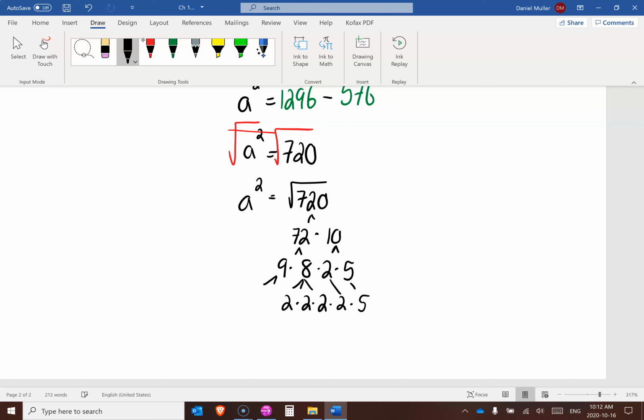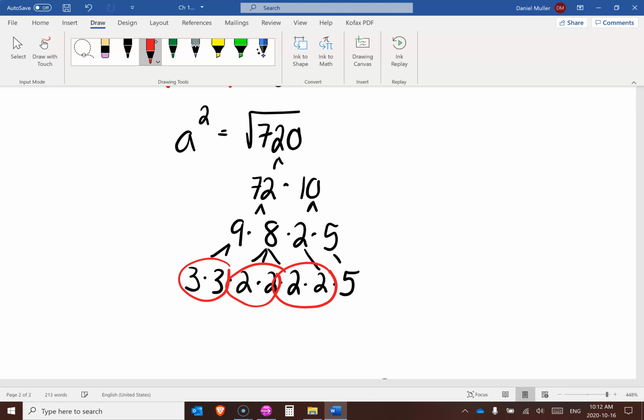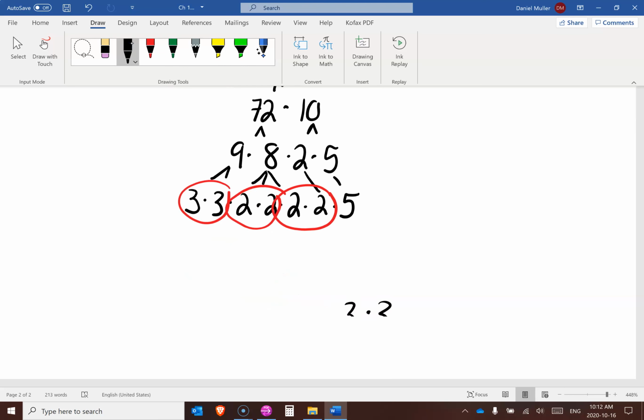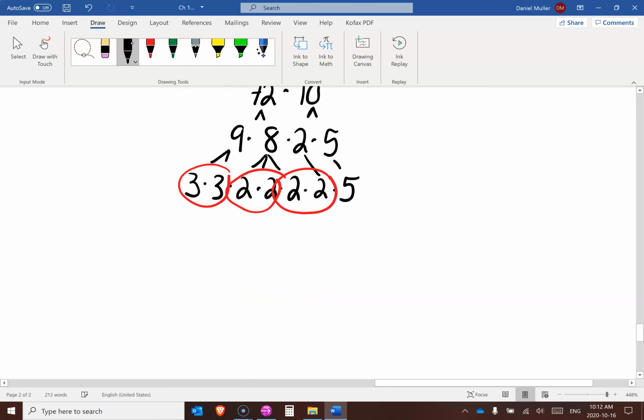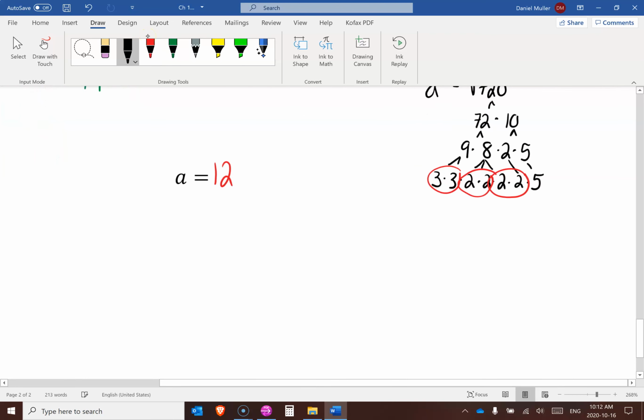And 9 breaks up to 3 and 3. Now, what do I have for pairs here? Pair of 3s, pair of 2s. I want another pair of 2s. Okay. So 3 times 2 times 2. Well, 2 times 2 is 4. 4 times 3 is 12. So there it is, 12. And the leftover is a 5.